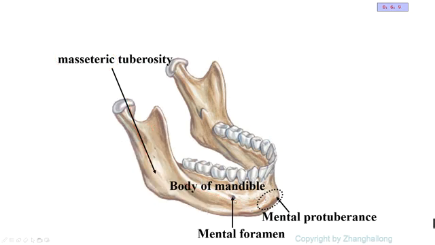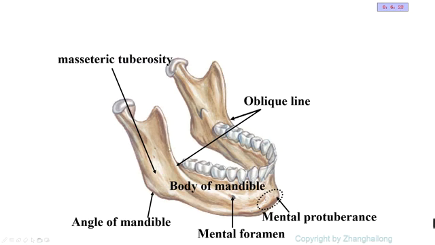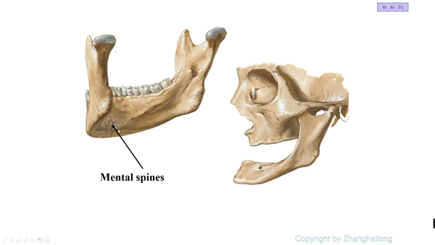There is a nerve that goes out from here. It's the mental nerve. It belongs to the inferior alveolar nerve. Here's the angle. And there is the oblique line, which is the anterior border of the ramus, the oblique line, and the superior border of the body. And you see here is the back of the body, the medial surface of the body. You see here is the mental spine. There's a muscle connected on it.